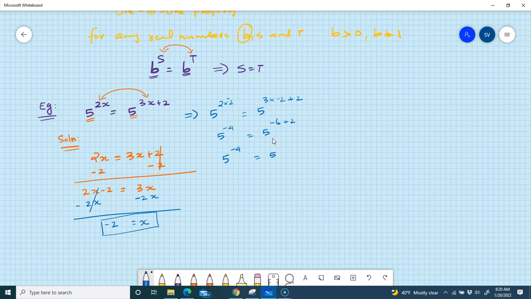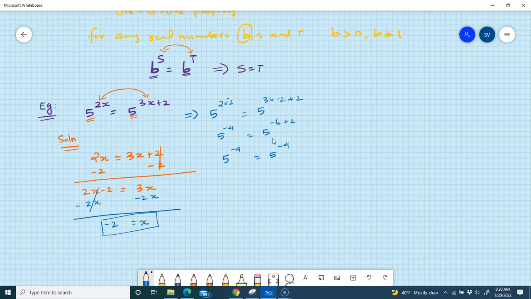So the equation is satisfied, both LHS and RHS are the same. So we can say that the solution is true. This is the way we can use the one-to-one property to solve exponential equations.